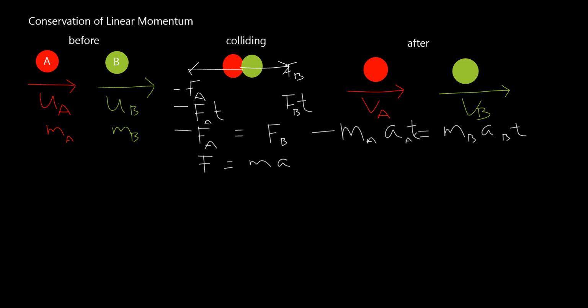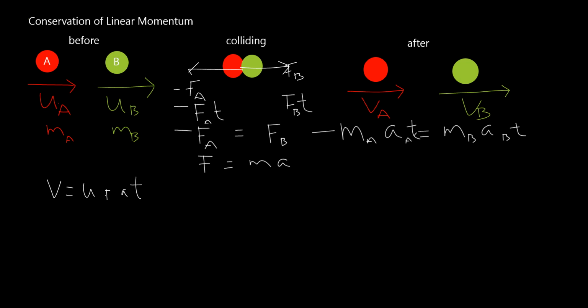Okay, so we've got that relationship. Now we also know from our one-dimensional kinematics that velocity equals starting velocity plus at, if acceleration is constant. This is all happening very quickly. We're going to assume the acceleration is constant here.